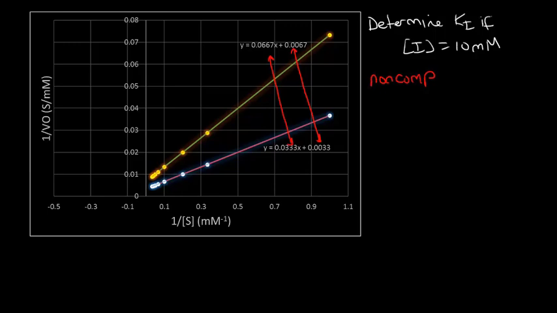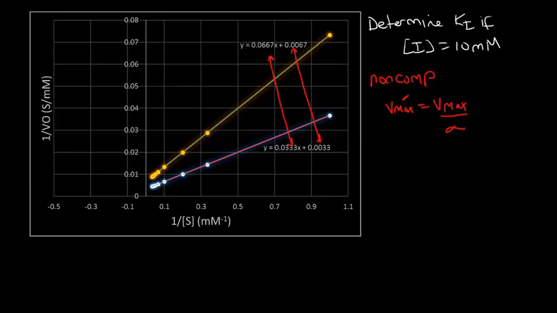And remember above, we said that with a non-competitive inhibitor, Km doesn't change, but Vmax does. And it decreases. So Vmax prime, which is the Vmax when it's inhibited, is equal to Vmax, the uninhibited Vmax, divided by alpha. Okay, so our task then is to figure out Vmax for the inhibited reaction and the uninhibited.